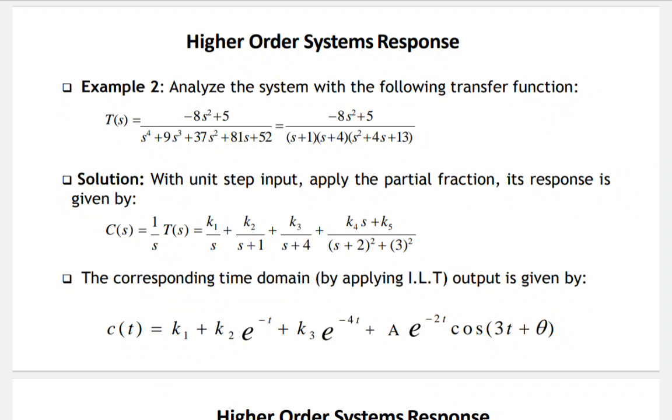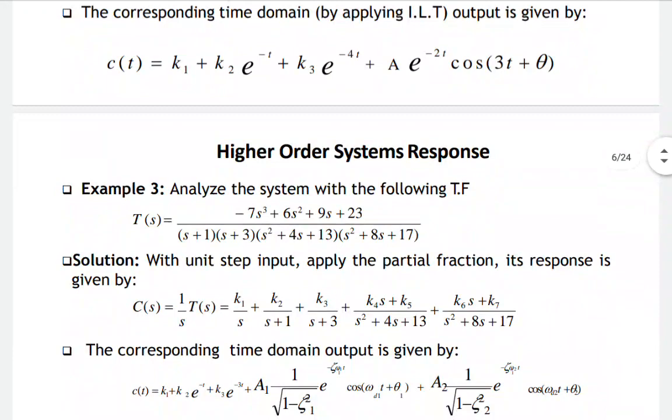Now, applying the inverse Laplace transform on both sides, that gives c of t is equal to k1 plus k2 into exponential minus t plus k3 into exponential minus 4t plus a exponential of minus 2t multiplied with cosine of 3t plus theta, where a is another constant which clubs the constants k4 and k5, and theta is the angle, which is generated with the help of s plus 2 whole square plus 3 whole square.